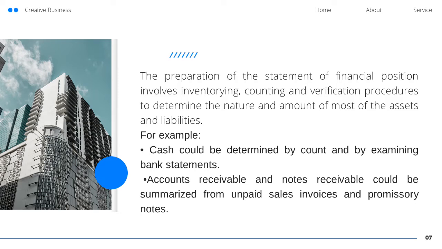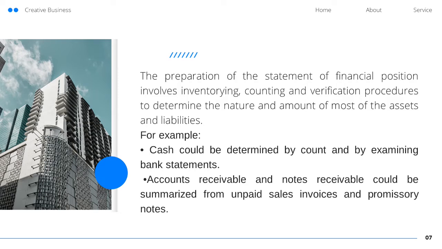So that, as part of the preparation, we need to identify the nature and the amount of the assets and liabilities to be recorded by the proper inventorying and verification processes. So here are some of the examples. First example, cash could be determined by count and by examining bank statements.